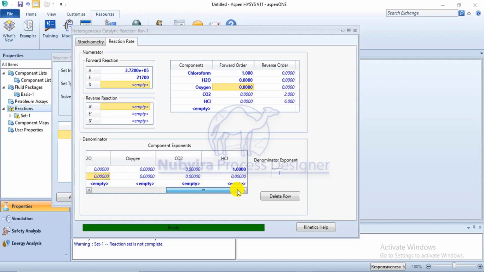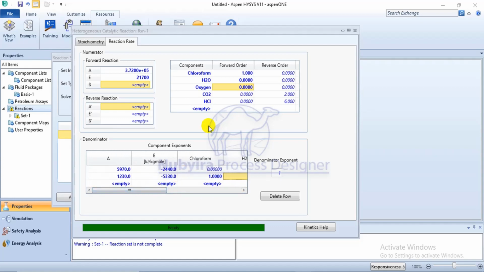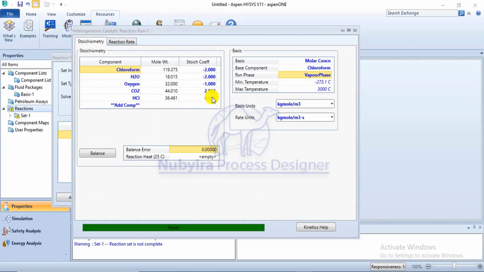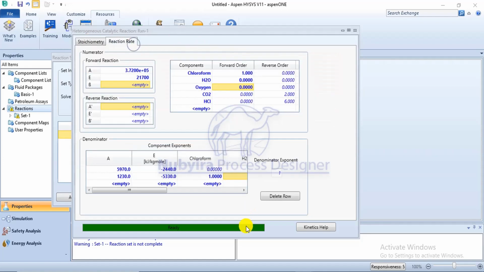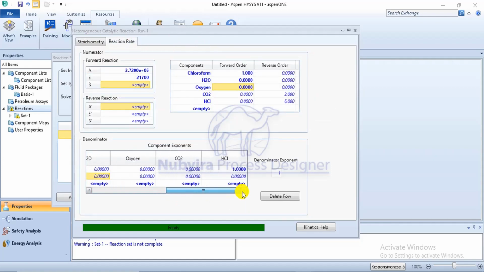So at this point, we are done specifying all parts of this particular model, the numerator, the denominator, and everything. We specified everything, and we are ready to simulate the process itself, right?